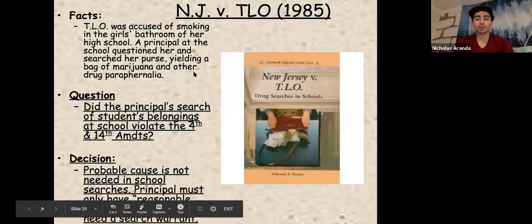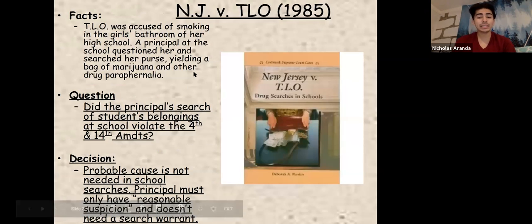New Jersey versus T.L.O. T.L.O. was accused of smoking in the girls' bathroom of her high school. A principal at the school questioned her and searched her purse, which yielded a bag of marijuana and other drug paraphernalia.